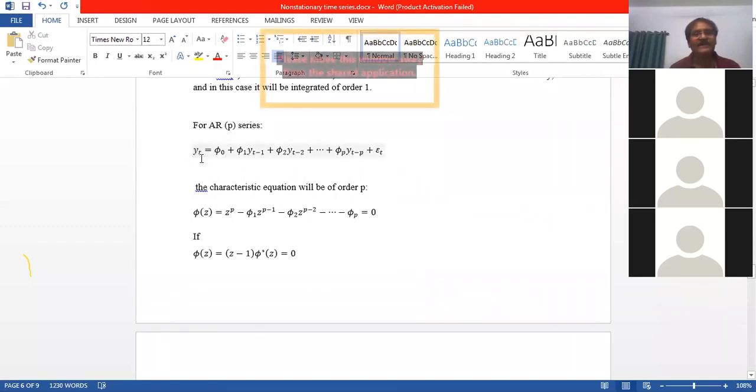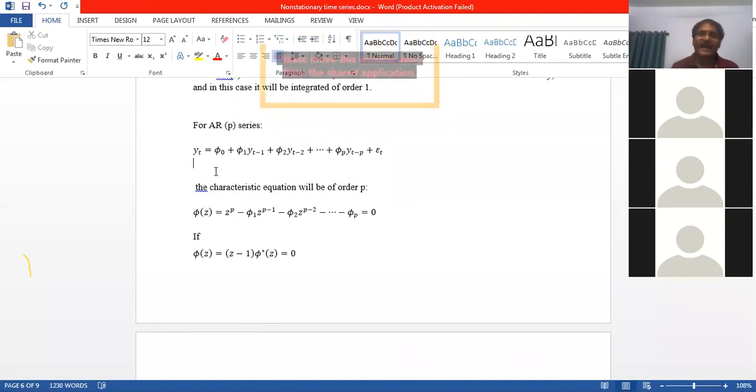So the expression becomes YT is equal to phi naught plus phi 1 L YT plus phi 2 L square YT, and in this way phi P L to the power P YT, plus epsilon T. If you take all YT components to the left hand side and take YT as a common factor, within the bracket you have 1 minus phi 1 L minus phi 2 L squared minus dot dot dot up to minus phi P L to the power P, is equal to, in the right hand side, phi naught plus epsilon T.